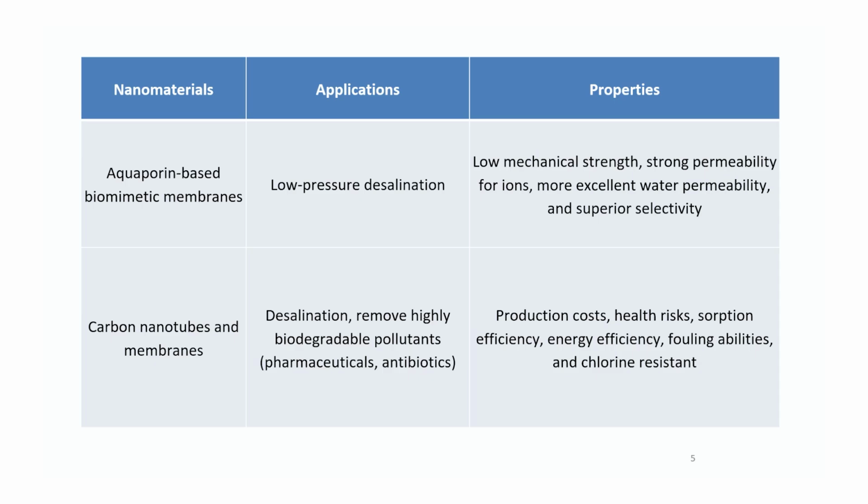First, aquaporin based biomimetic membranes. These are used for low pressure desalination. The properties are low mechanical strength, strong permeability for ions, excellent water permeability and superior selectivity.